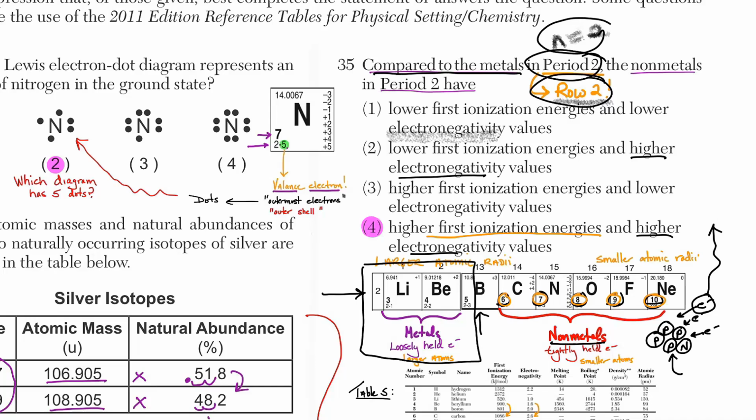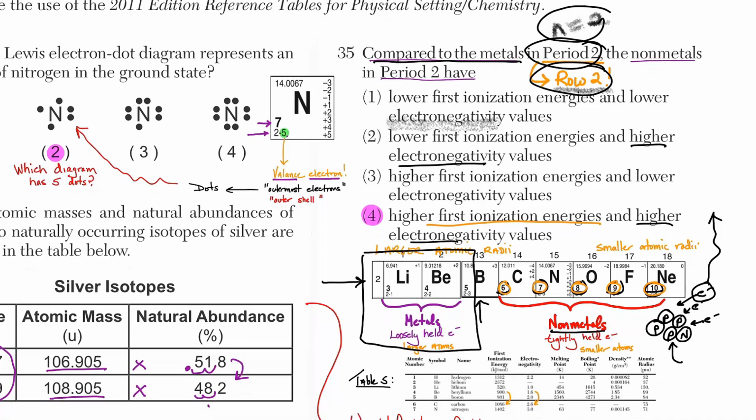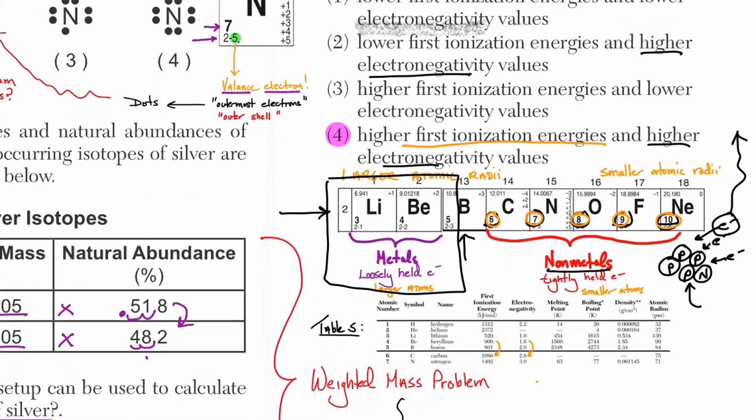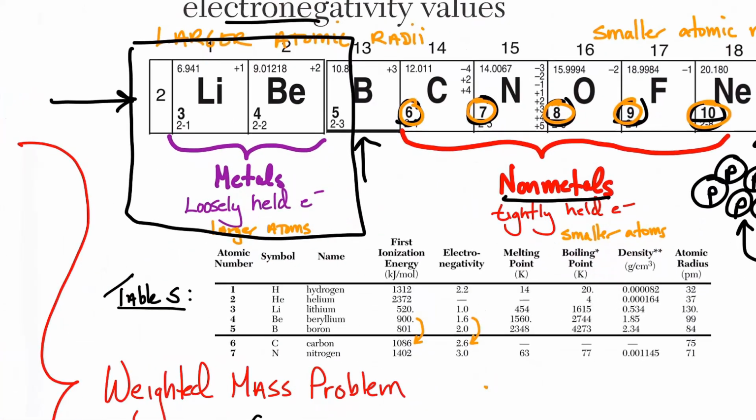And if you don't like any of that, and it's good to know your trends that way, you've got your most underutilized table, and that's table S. If you compare a metal like lithium, which is 520, to, let's say, nitrogen, or in this case carbon, it's 1086, you can see that the nonmetals, like carbon, atomic number 6, have a greater first ionization energy.